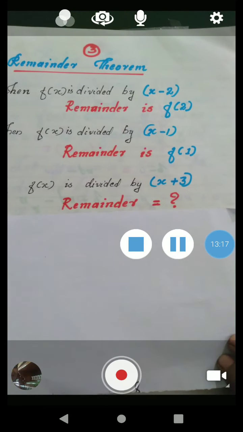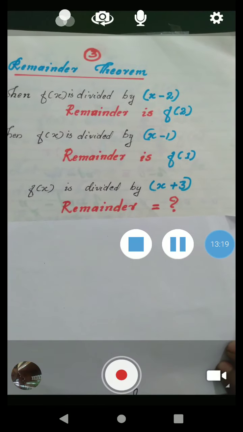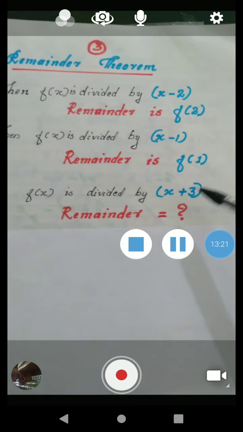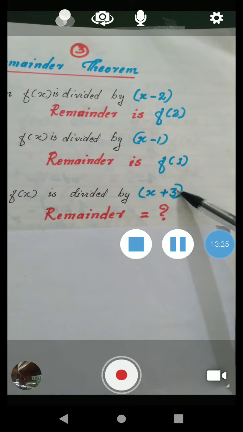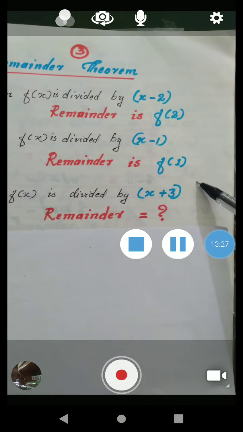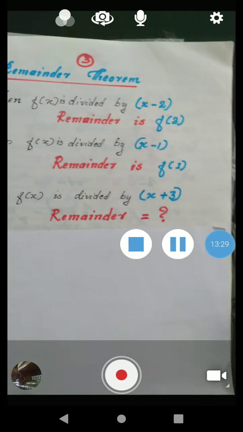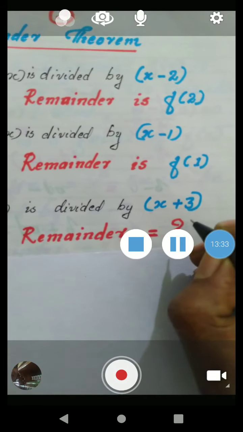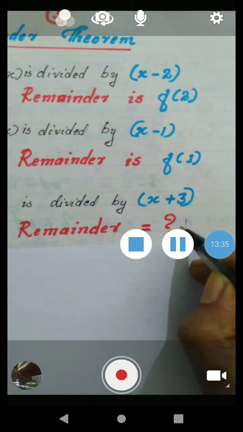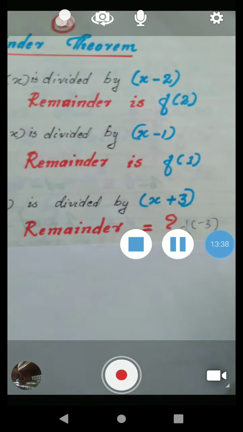Remainder is f of minus 3. That is, let x plus 3 is equal to 0. Transposing 3 to the right side, we get x is equal to minus 3. Therefore, remainder is f of minus 3.